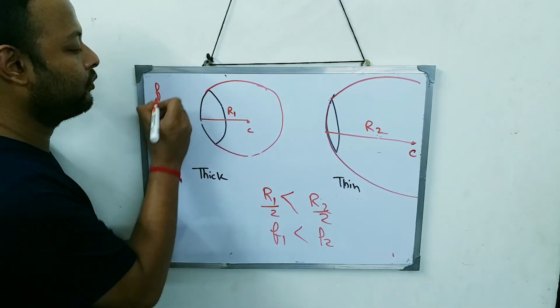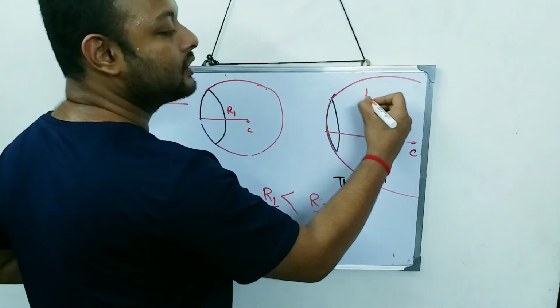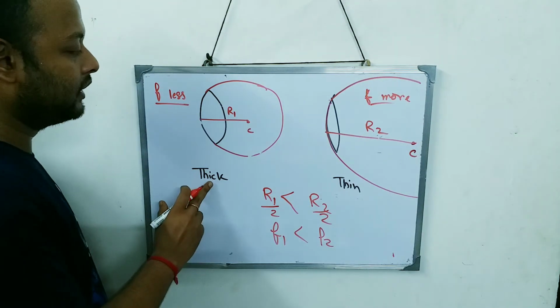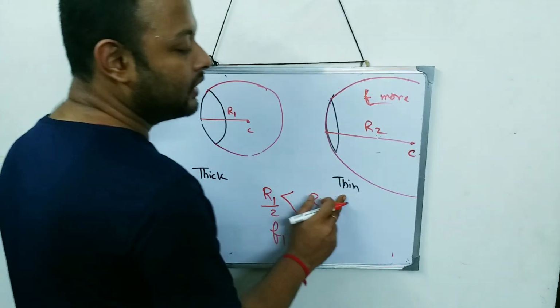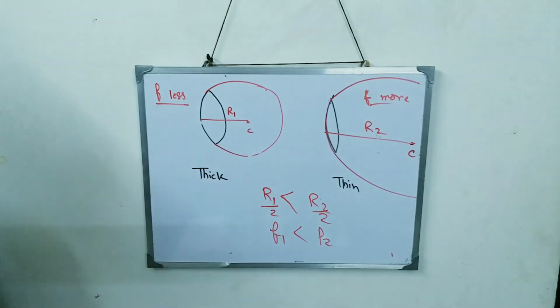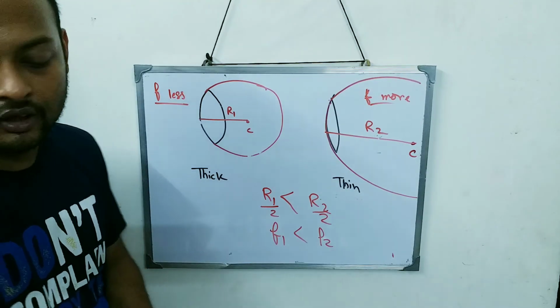So I can say a thick lens will have less focus and a thin lens will have more focus. Understood? That is how thick and thin lenses are related in terms of focus.